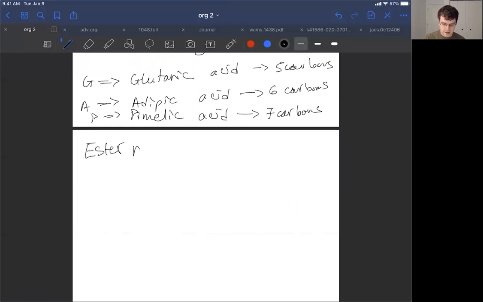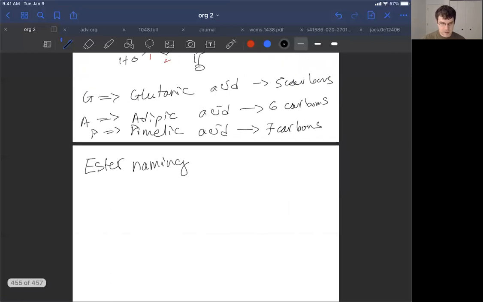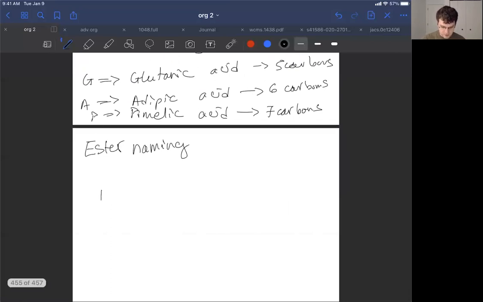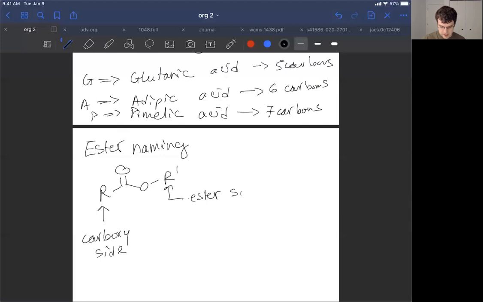So ester naming, and we want to go back to our abbreviation a little bit, but let's first draw that functional group again. So here's the molecule. Now what we have is we have the carboxy side of the molecule, and then we have the ester side, or alkyl side, I like to say.